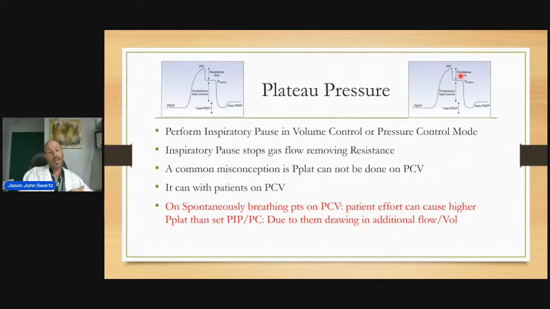And they might be taking a breath at the same time, so they're able to pull in additional flow, which means additional volume. So when you have AC/PC and you press an inspiratory pause at the end of inspiration, you will get a plateau that is above what the set peak inspiratory pressure on pressure control would be.